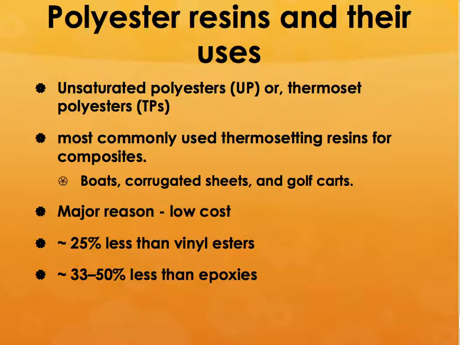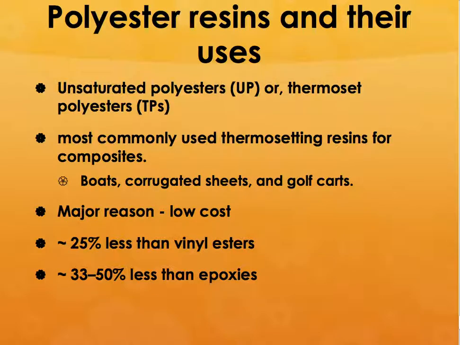The most common type of resin that is used for polymer matrix composites is the polyester resin. There are two types of polyester resins.